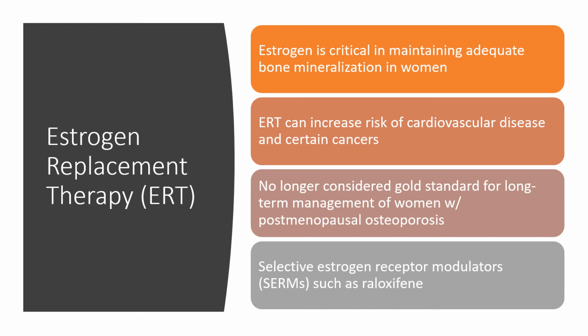And if the woman still needs estrogen replacement, please note that bisphosphonates don't really do much in terms of estrogen regulation. But if the woman needs some type of ERT, they're usually going to be given some type of SERM, which we've talked about, a selective estrogen receptor modulator.